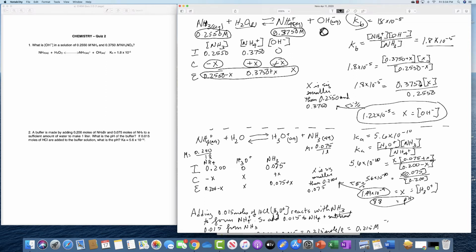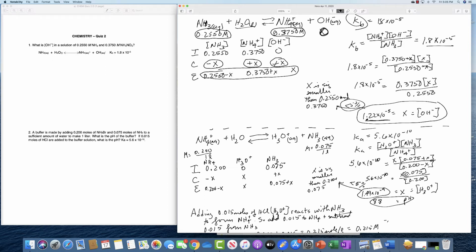When you make the assumption, these x's fall out, and you end up with this equation. You solve for x and get 1.22 times 10 to the minus 5. Compared to the initial concentrations, that's about 0.001% of these, so it's well less than 5%. That tells you your assumption was okay.